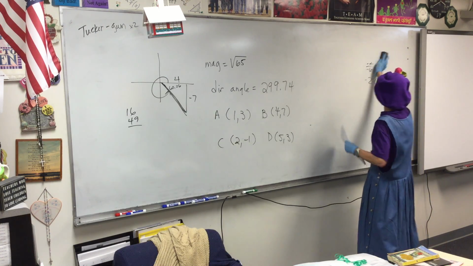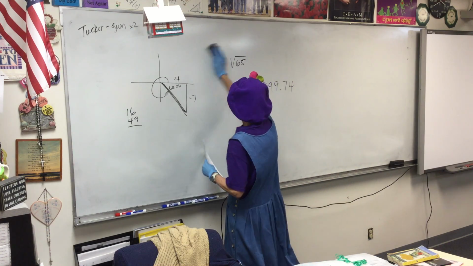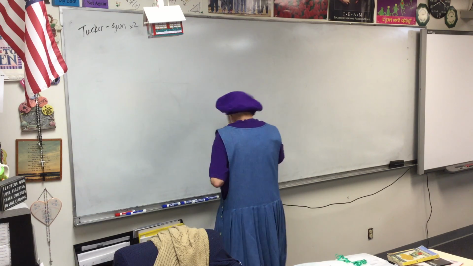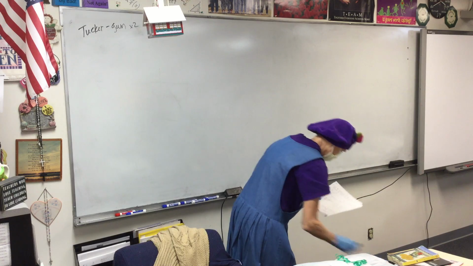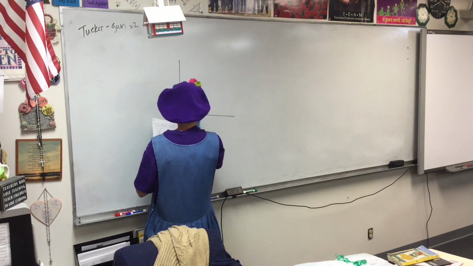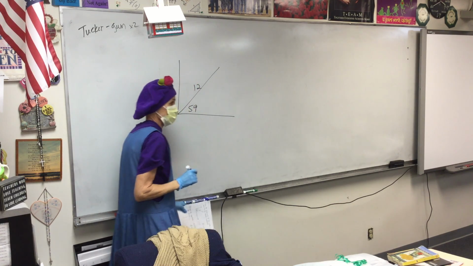What do we mean when we say find the components of the vector? What are we looking for? X and Y. So we need to figure out the X and the Y for this situation.